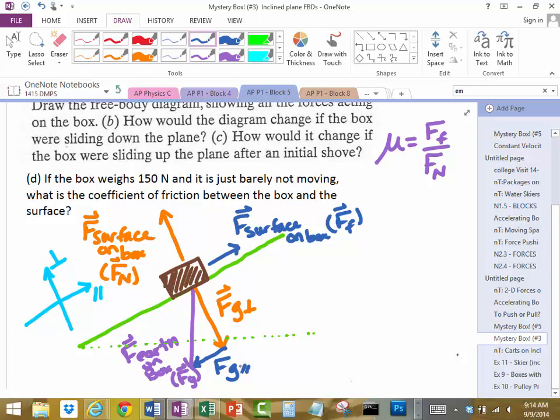I often have students that, when they start drawing the components of this, make a component the hypotenuse. That defeats what we're doing. So you need to remember, if you're ever breaking the force into components, the original force has to be the hypotenuse.